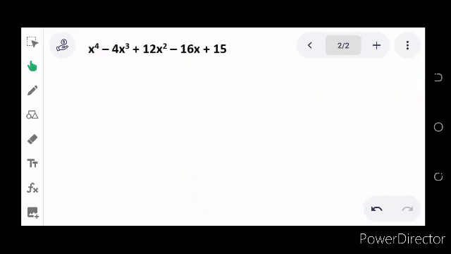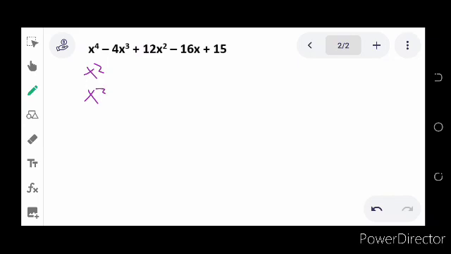Next example, you have x to the fourth minus 4x cubed plus 12x squared minus 16x plus 15. Factor out x to the fourth, it's just x squared and x squared.